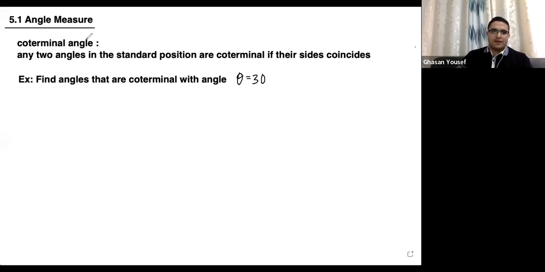So again, coterminal angles: any two angles in the standard position.